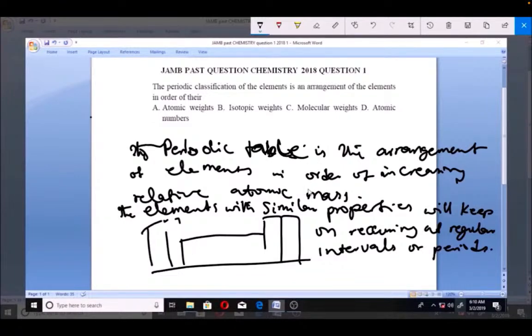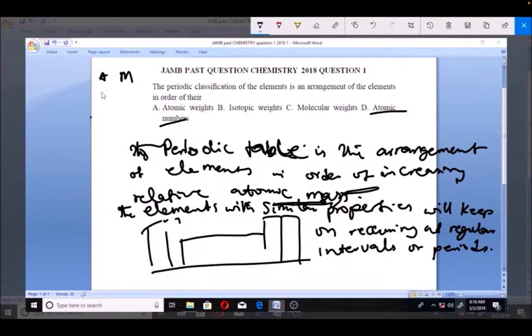So the periodic table is actually the arrangement in the order of increasing atomic mass. So how do you get the atomic mass? You know that the atomic mass is a function of the atomic number. So from that, we can easily say that the right answer should be the atomic numbers. D should be the correct answer, because as the atomic number is increasing, the mass number is also increasing.